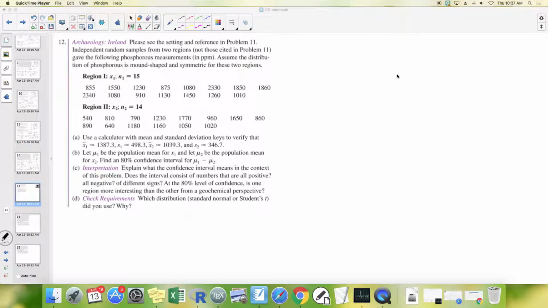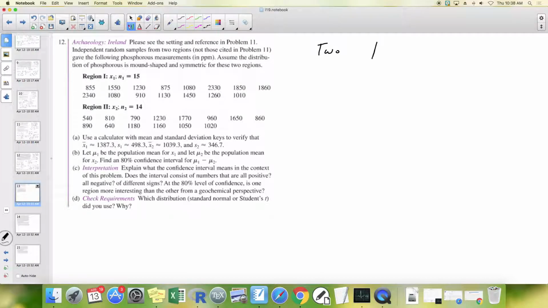So if you go through this problem, you'll see that it's a two population problem. It's a means problem.